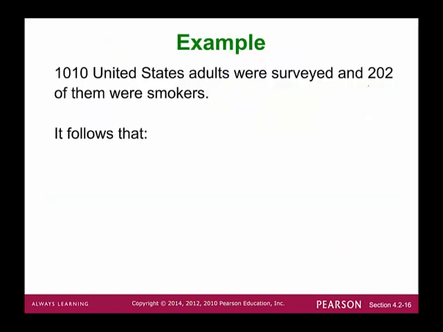Now let's take a look at this example. 1,010 United States adults were surveyed and 202 of them were smokers. So we know that people either smoke or do not smoke. That means non-smokers number 1010 minus 202, which turns out to be 808. 808 adults do not smoke.